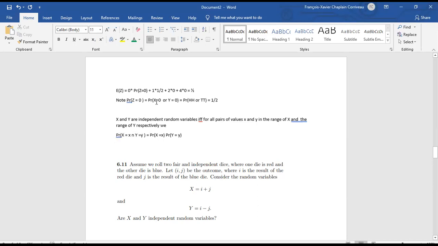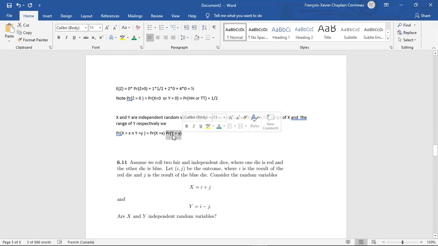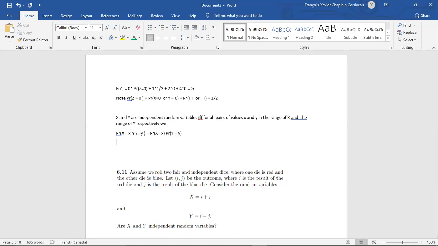If X is equal to 0 and Y is equal to 0, what is that probability? It's the probability of getting no heads and no tails. So that is 0. But the probability that X is equal to 0 is not 0, and the probability that Y is equal to 0 is not 0. So we can just use this example.